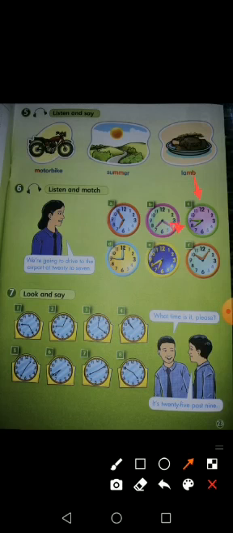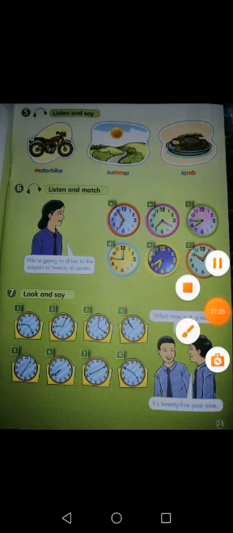Why? Because the minute hand is on number 9. Okay? Okay, students? Got it? So let's move to exercise number 7.